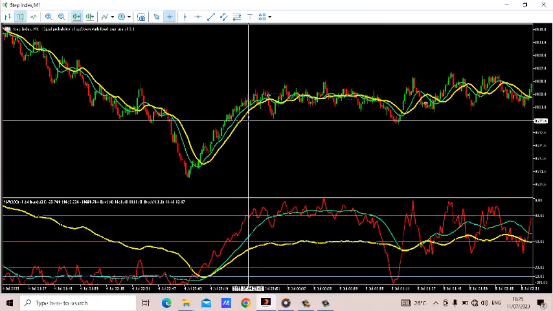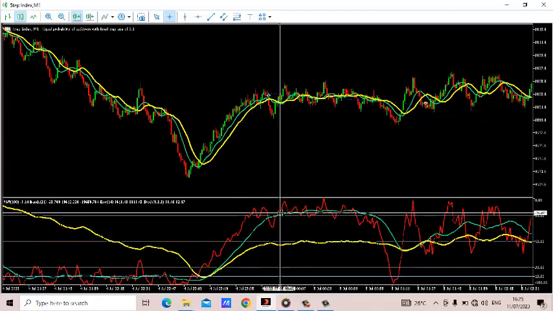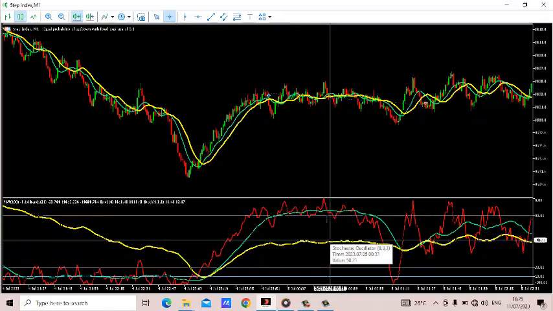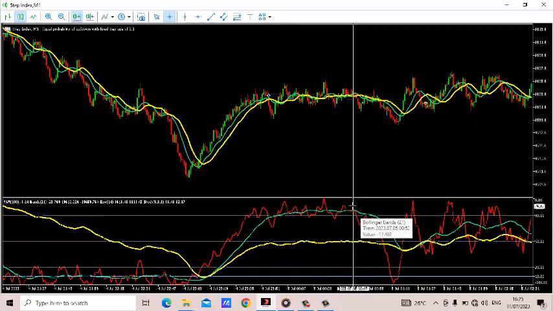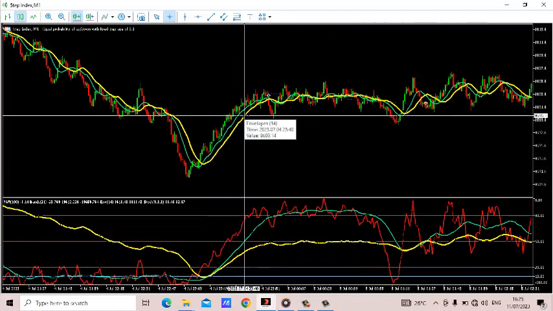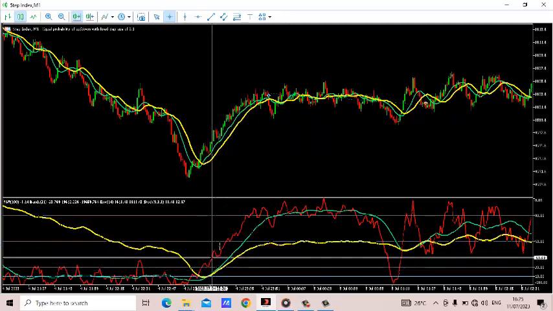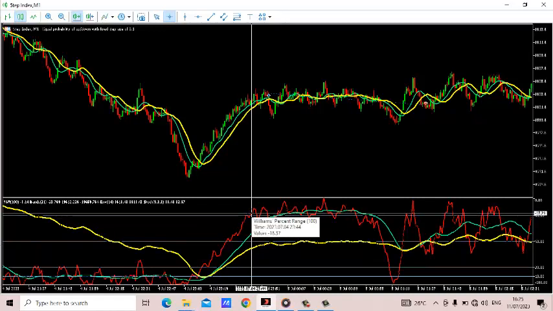So you could close your trade here, or you wait until you notice that the red line is crossing either of these yellow or green lines downwards. But I would advise it's safer to take your profit whenever you notice the red line has moved from this point to around this overbought area. Close your trade.